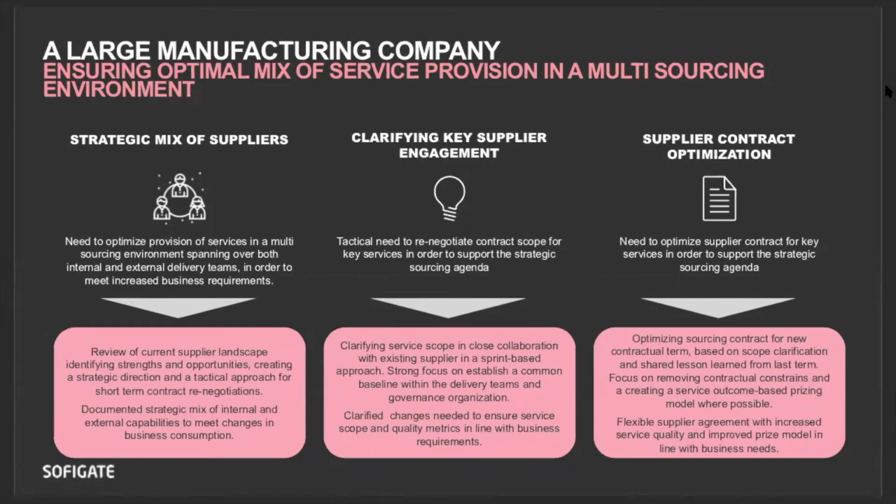So we did a review and looked into the individual strengths and opportunities within the different organizations. Based on that, we created a strategic direction, and we made some tactical proposals for short-term renegotiations of some of the agreements.